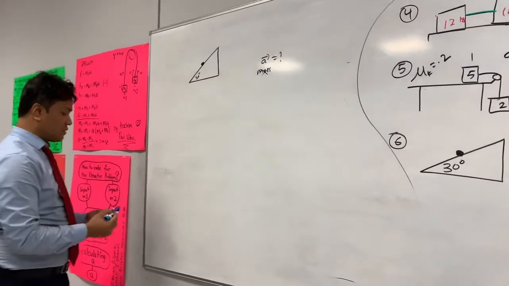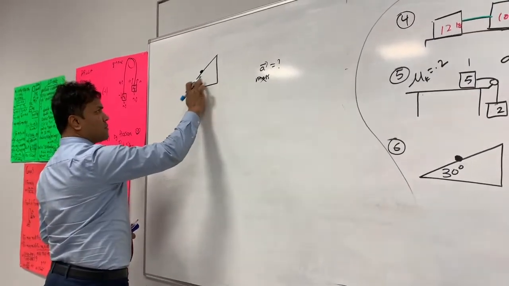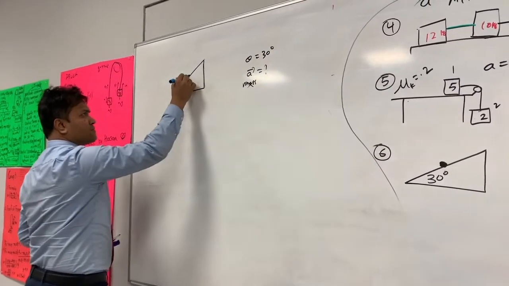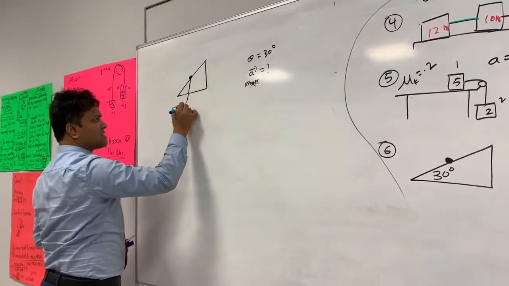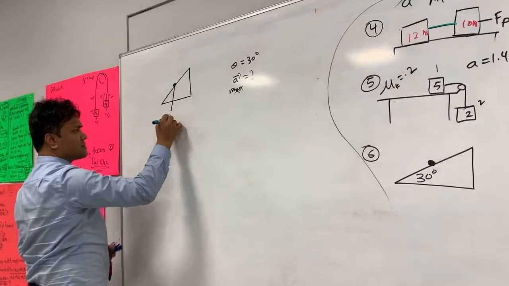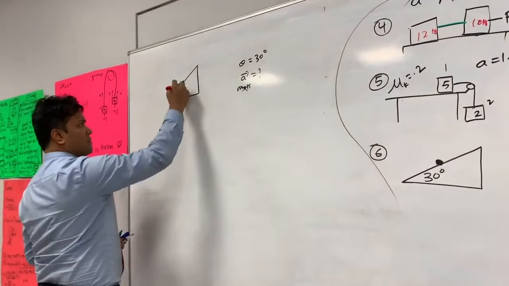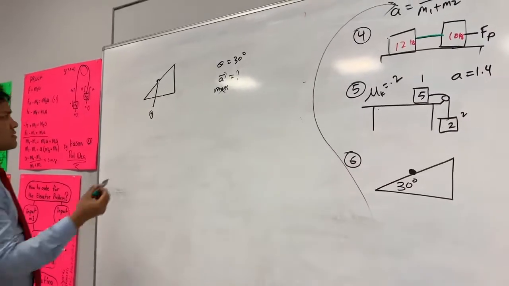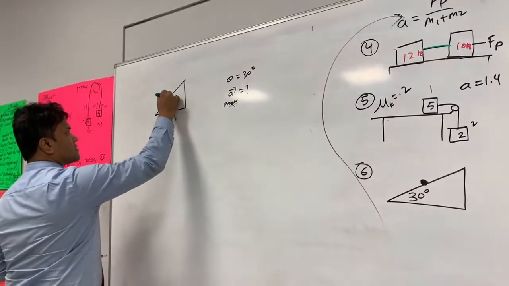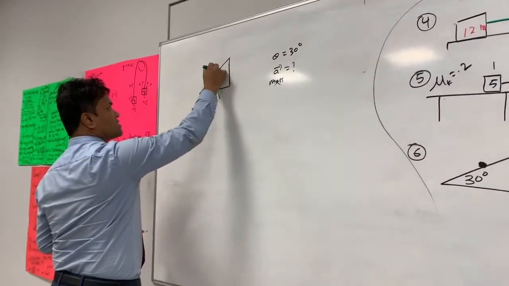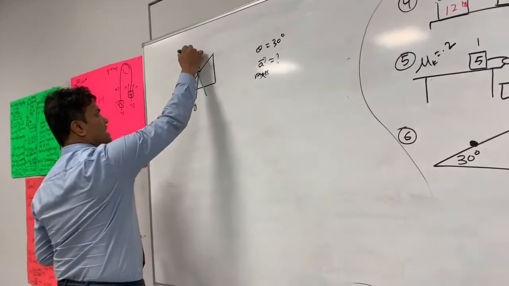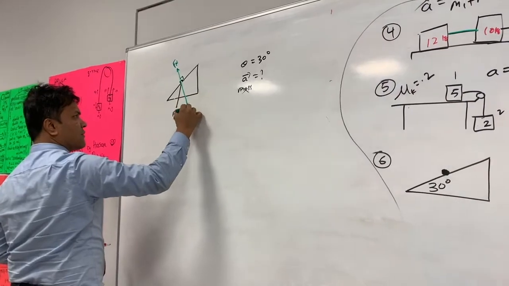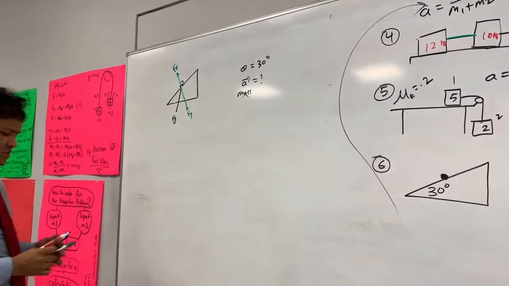So let's do it fast. The angle is 30 degrees. This is gravity, Fg. Now we want to put the y component, which is perpendicular. So this is Fn, this is Fy. Now you're going to put the x component.